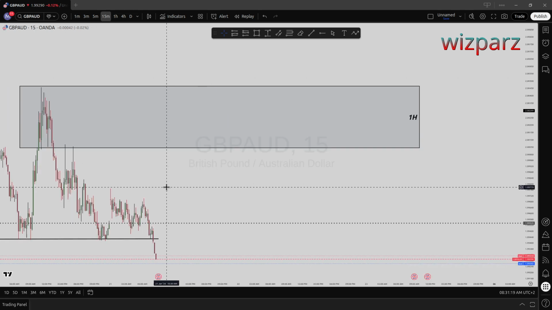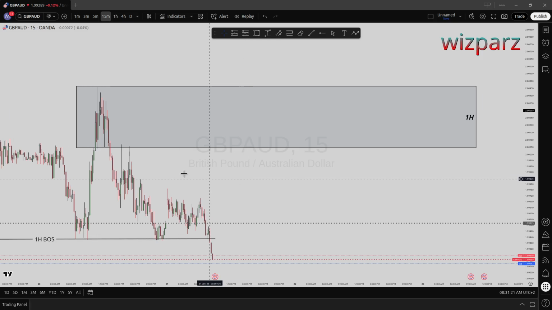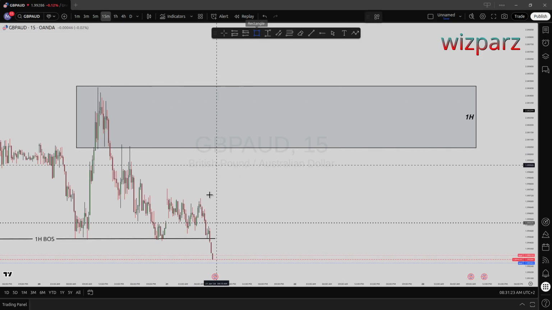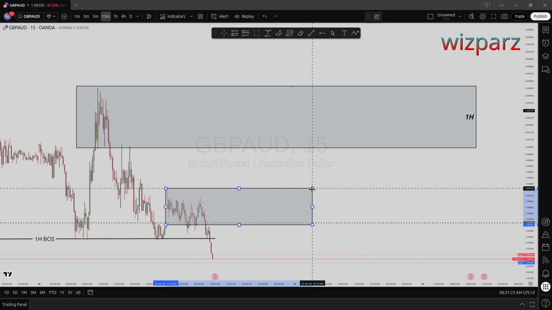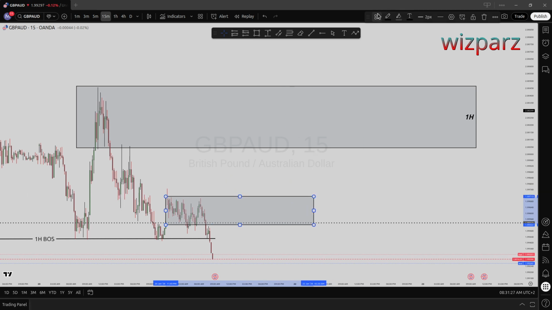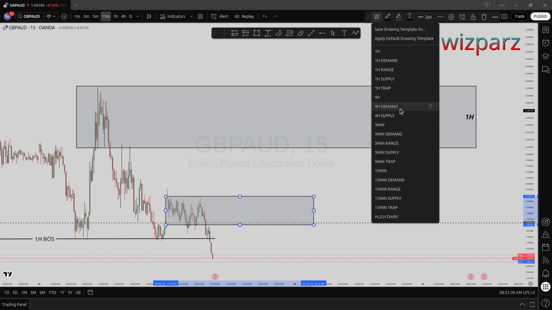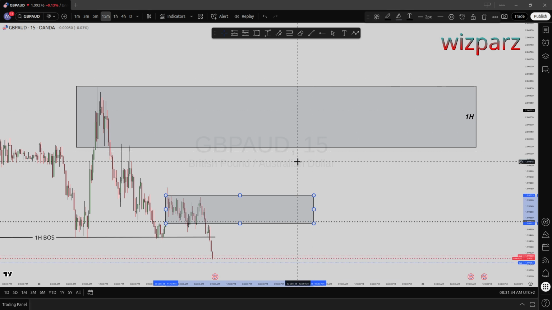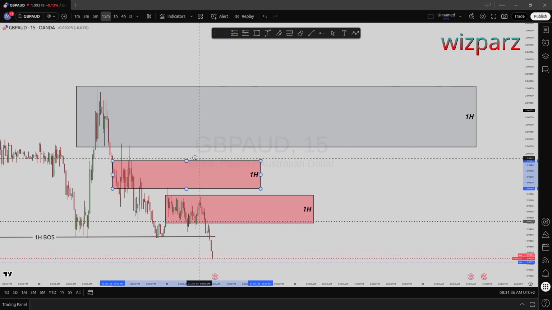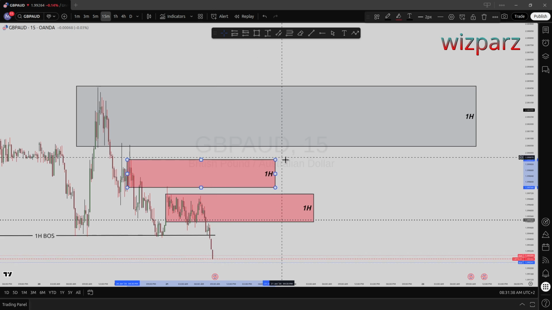If we scale to the 15-minute time frame, you can see this is a supply area, and on the 1 hour, this is also a supply area.